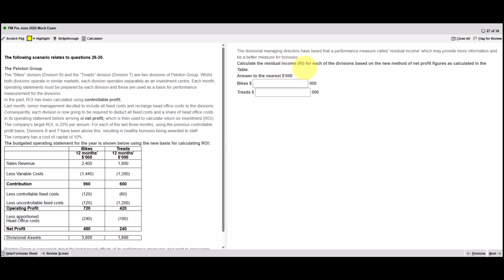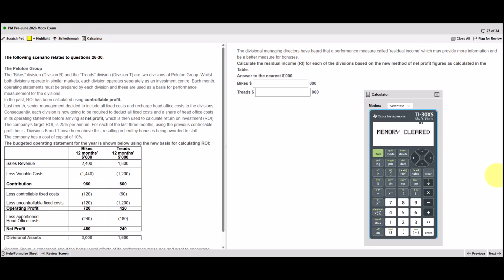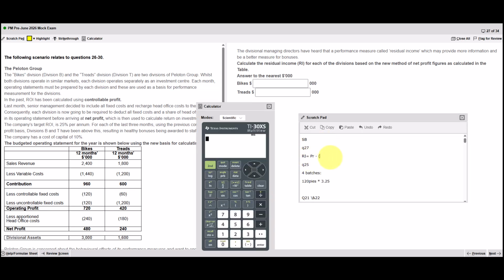Calculate the RI for each of the divisions based on the new method of net profit figures as calculated in the table. The divisional managers have heard of a performance measure called residual income, which may provide more information and be a better measure for the bonus. So we've obviously got two calculations to do here. Residual income is the profit minus the imputed interest, and the imputed interest is the assets multiplied by the cost of capital.